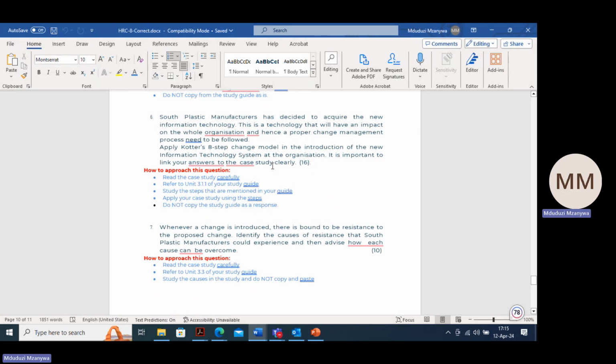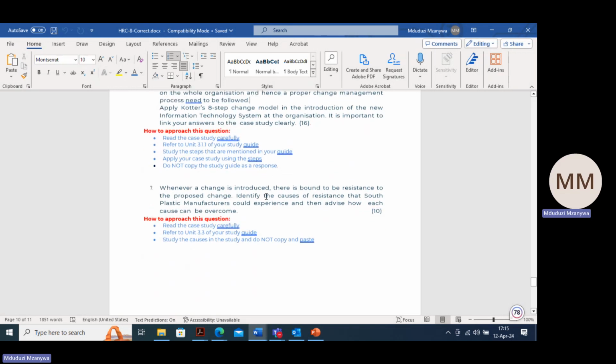No, you go to step 1 and say, step 1 is this, and outside step 1, this is what we can do as South Plastic Manufacturers. You will find that in unit 3.1.1. You would need to study the steps carefully. You need to apply the case study using the steps. Once again, do not copy what's in the study guide and bring it across as your responses. No, we need an application of how that goes.